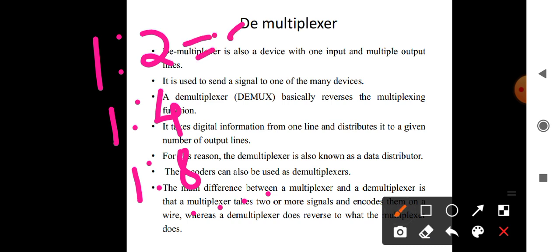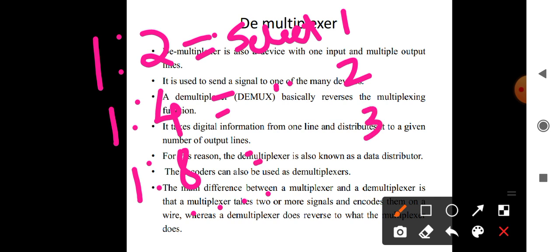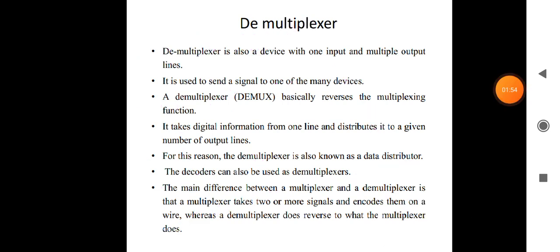Here the selector switch is only one, here the selector switches are 2, here the selector switches are 3. So like this we are having the demultiplexers.